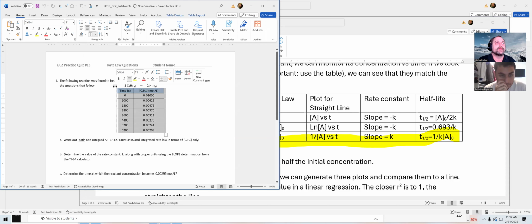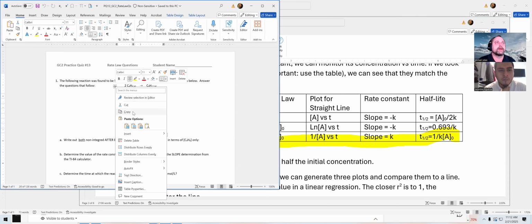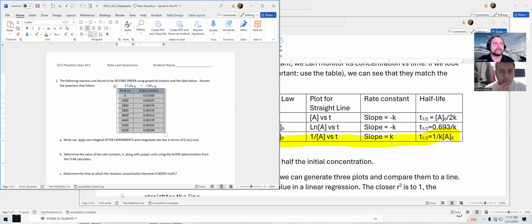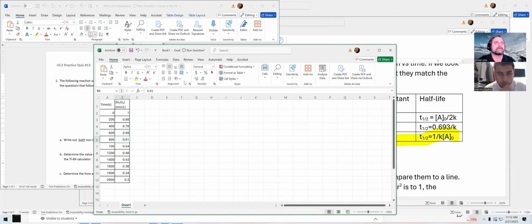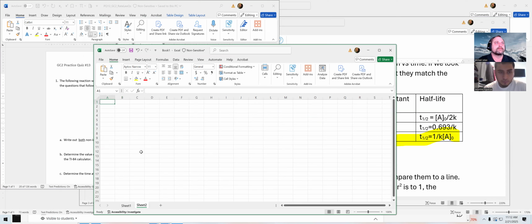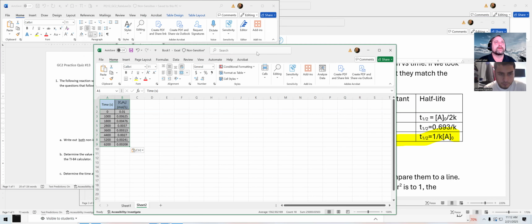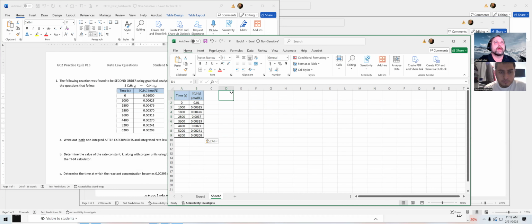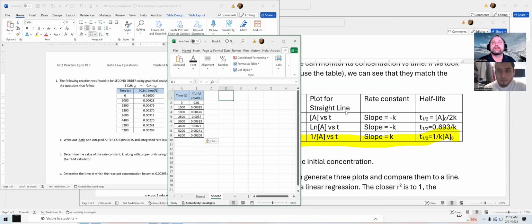And I'm just going to highlight this and I can hit copy, and I'm just going to paste that over here. So the next thing I have to do is it said 1 over the concentration versus time.